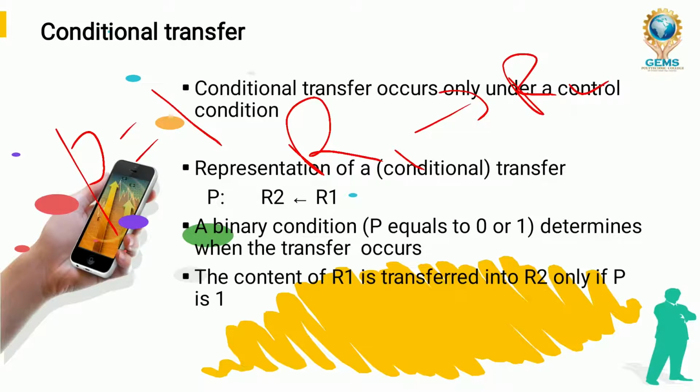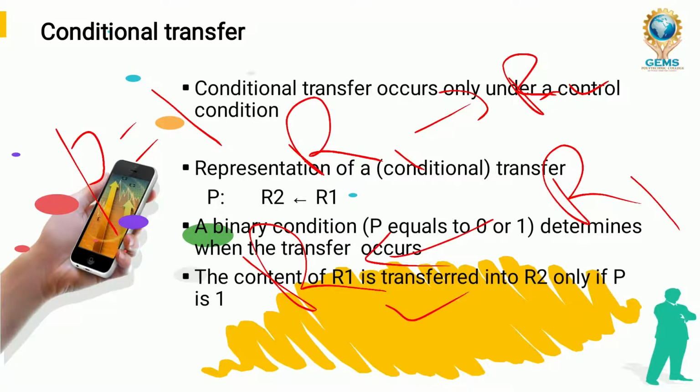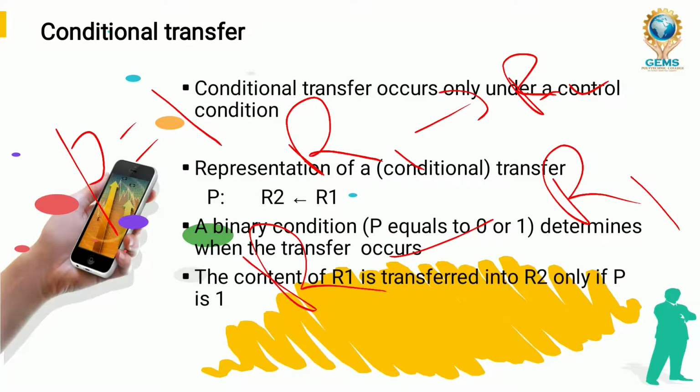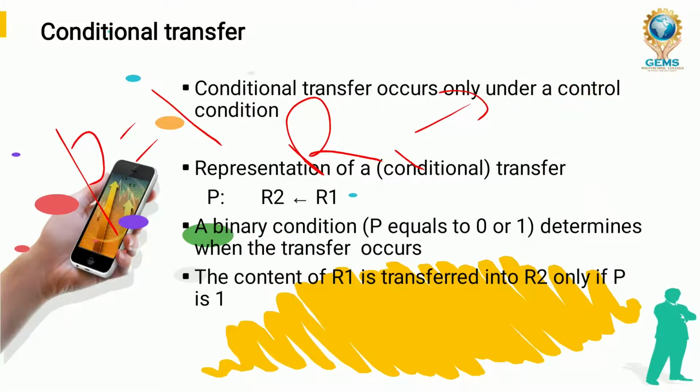You can write like this also, no problem. Data will transfer R1 to R2 when P equal to 1. This is the condition. As per this condition, data will transfer. This kind is called conditional transfer. I hope that you understand. This is a conditional transfer.